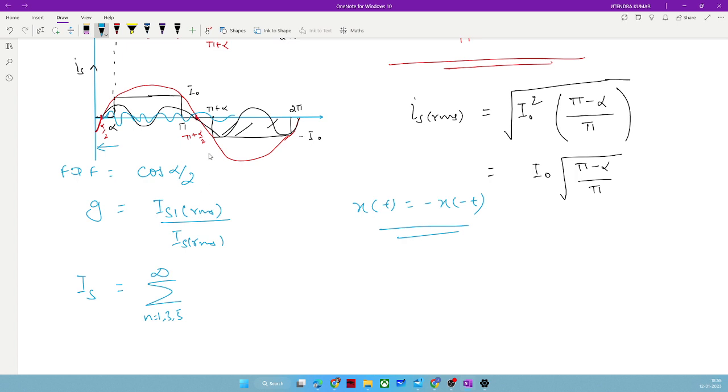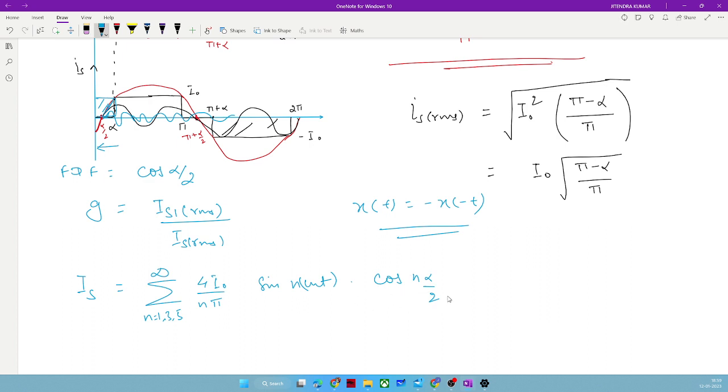And earlier, if it was a full wave, meaning without any discontinuous conduction, it would have been 4 I naught by n pi sine n omega t. But now it lost some portion in freewheeling operation, so we have to compensate. That factor will be compensated with cos n alpha by 2.